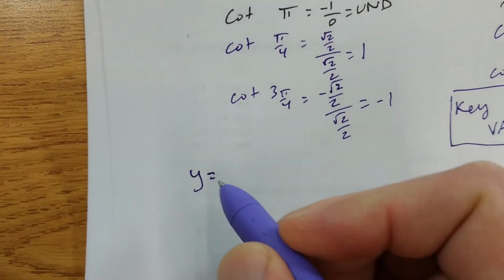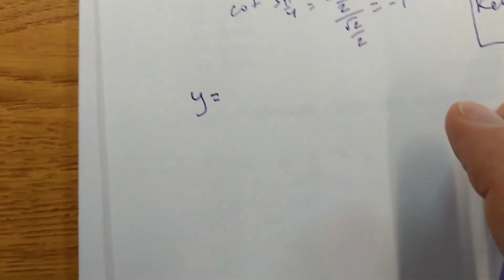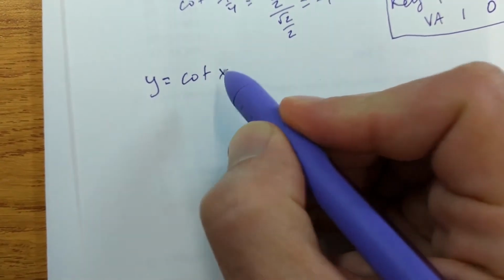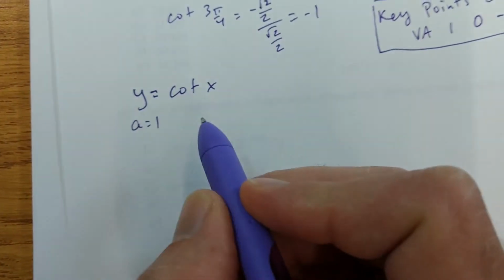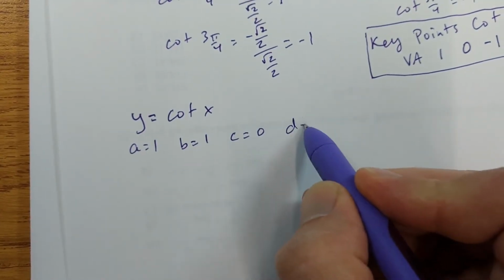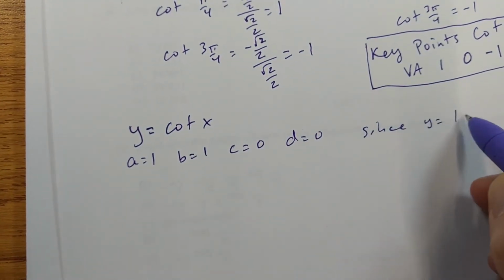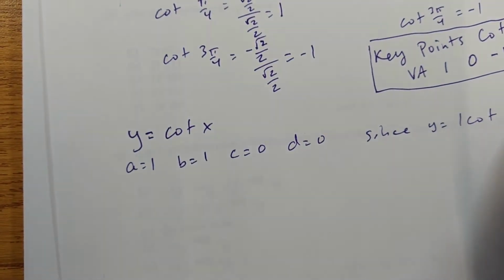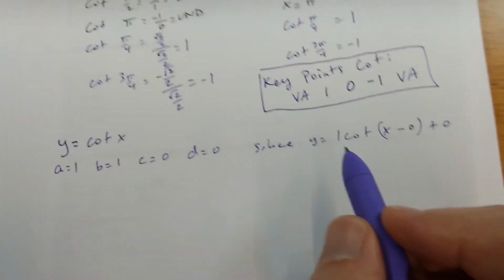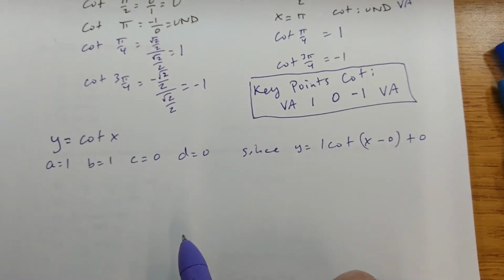So y is equal to cotangent of x, well, we see that our a value is 1, our b value is 1, the c value is 0, and the d value is 0, since we have y equal to 1 times the cotangent of x minus 0 plus 0, if you want to stay with our form from the original problem.